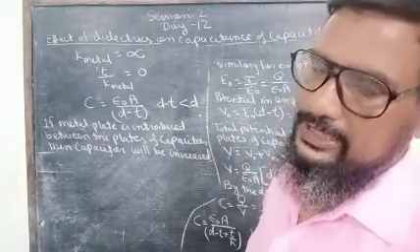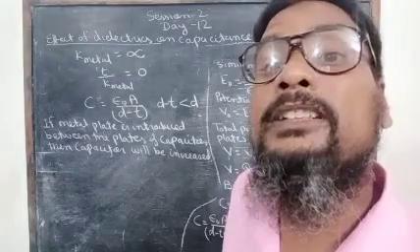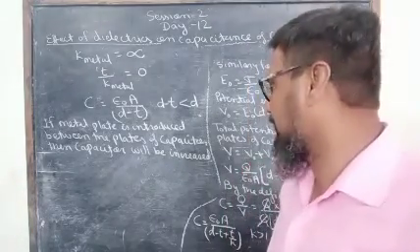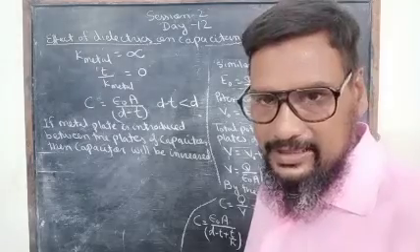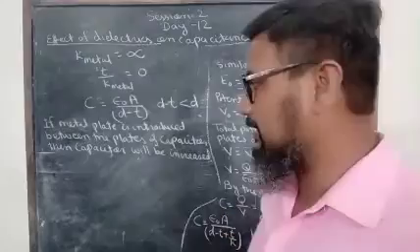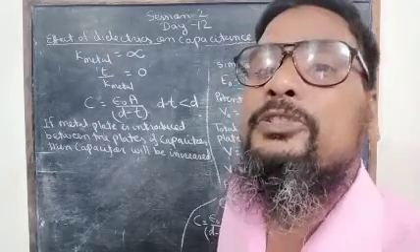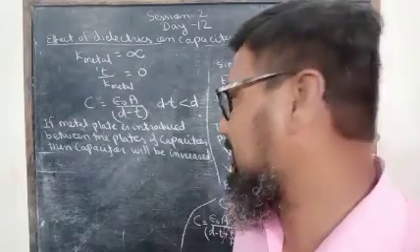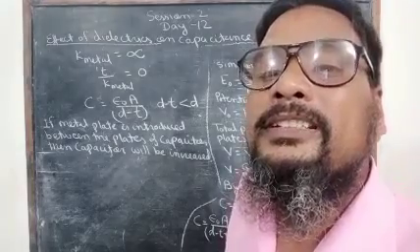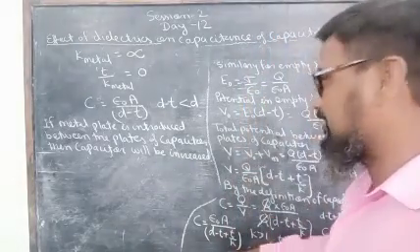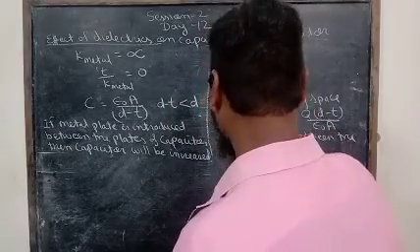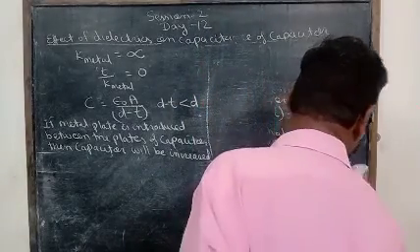So for the case when a dielectric substance is completely or partially introduced between the plates of the capacitor, the capacitance increases. If instead of a dielectric substance a metal slab is introduced, then the capacitance of the capacitor will also be increased. Now we shall discuss a numerical which is frequently asked in the CBSE examination.